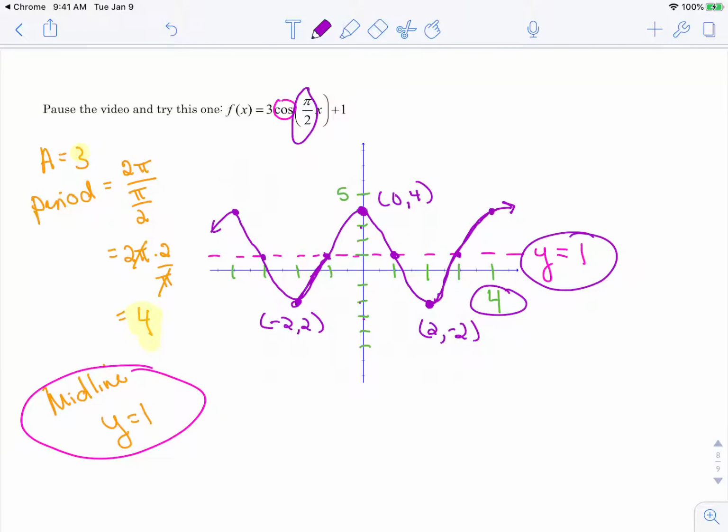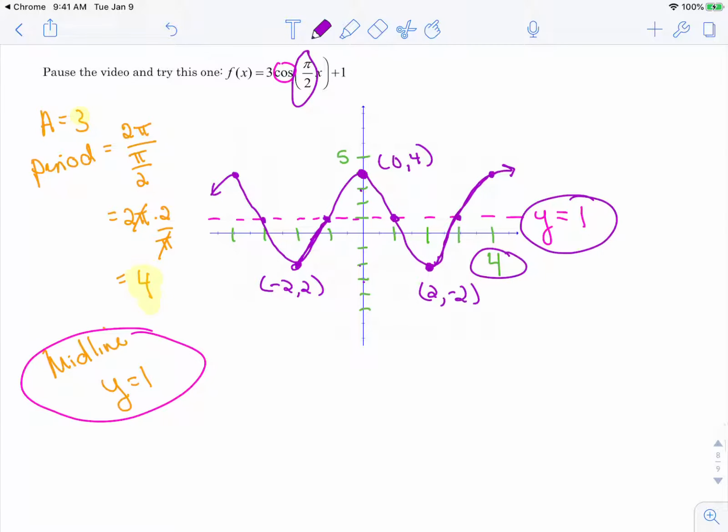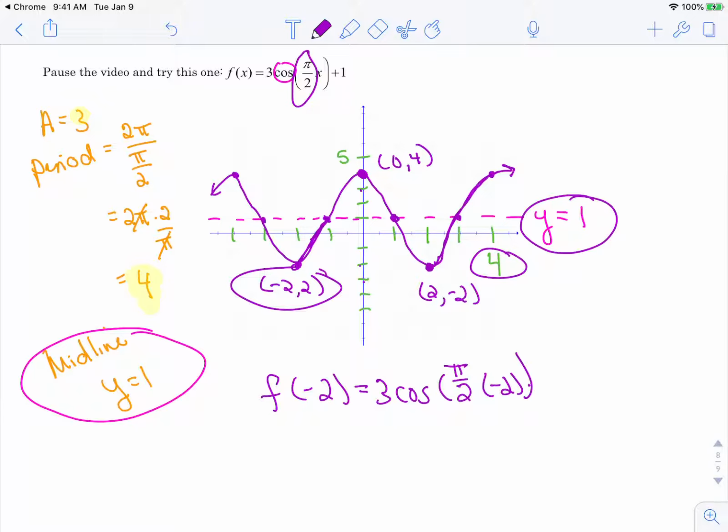And if you ever want to know you're right, use some algebra. So let's check to see if this coordinate's correct. F of -2 is 3 times cosine of pi over 2 times -2, close that, and I'm going to add 1. So I get 3 cosine of, well, these would reduce out, so now it's -pi.